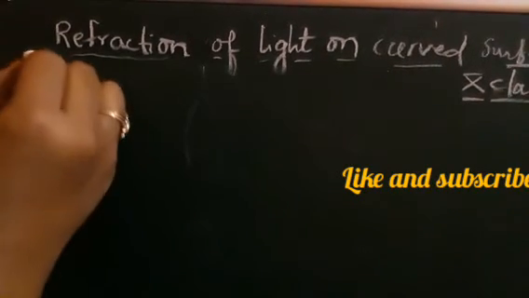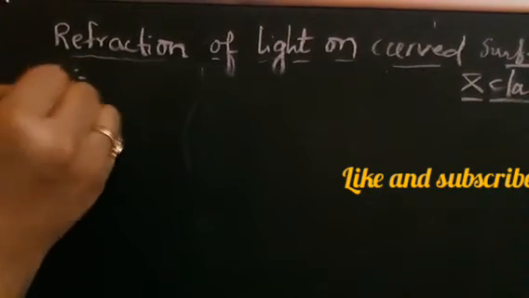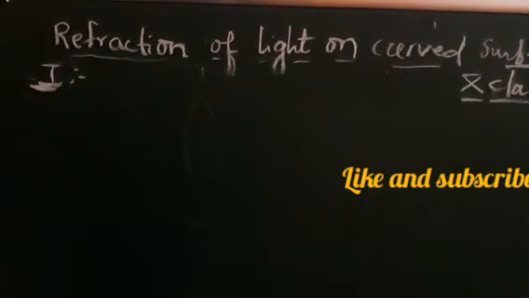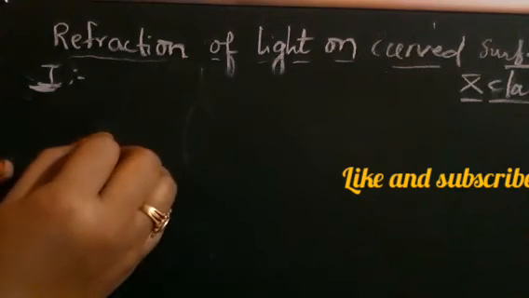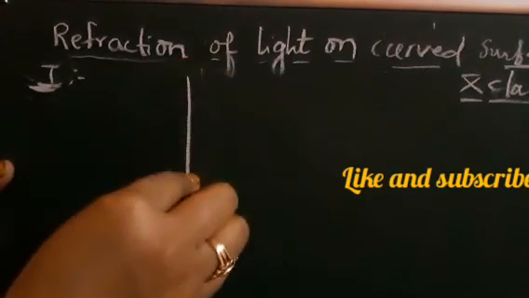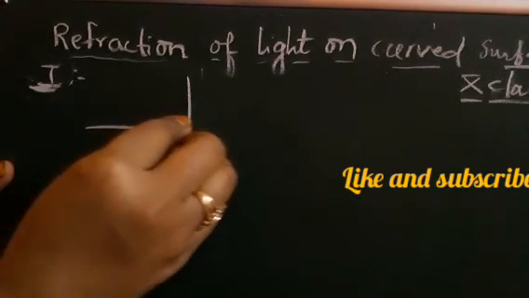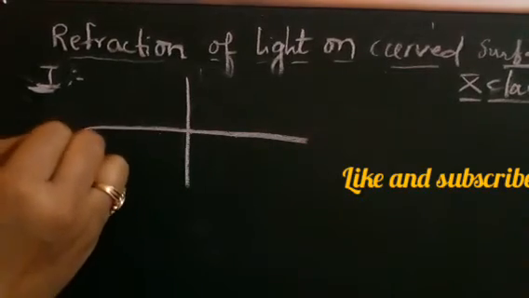So coming to situation 1, what is it? When a ray is passing through the optic center, then the ray remains undeviated. This is your lens and this is your principal axis, right?